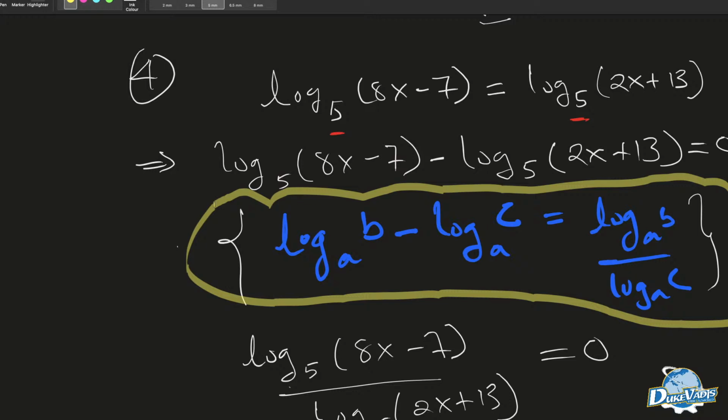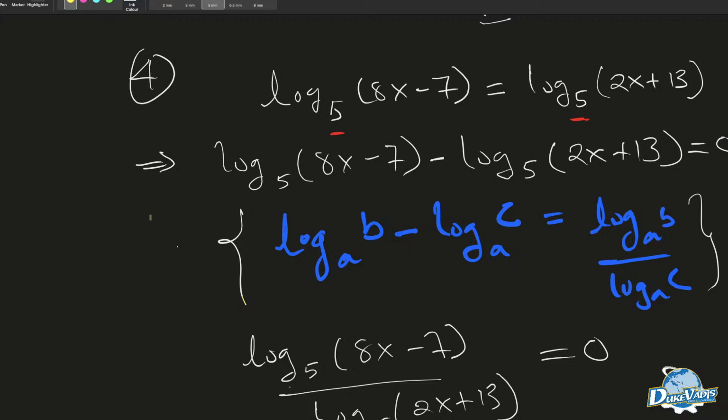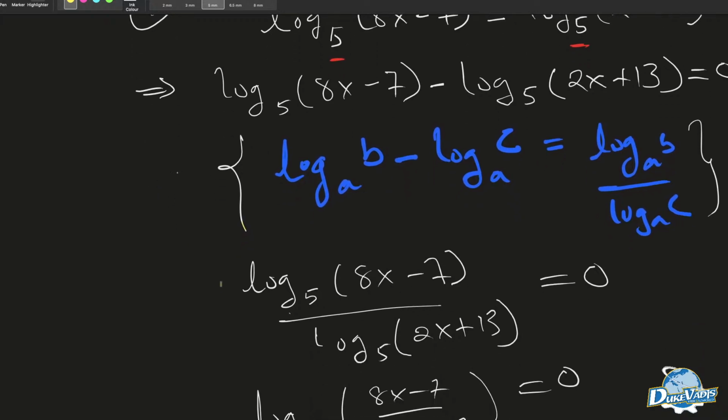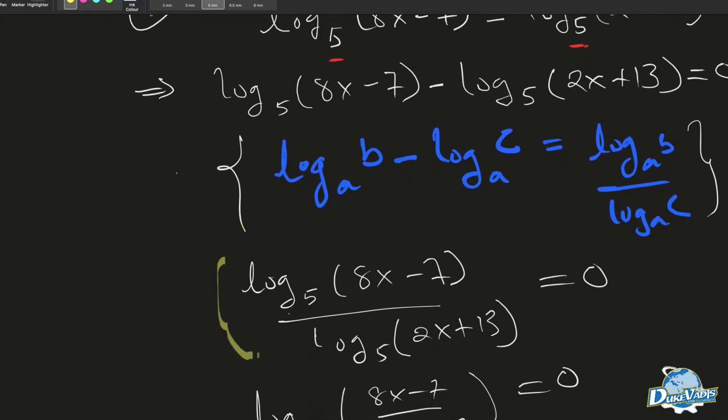So it's log to the base a of b minus log to the base a of c. So on the right hand side it becomes log to the base a of b divided by c. Applying the same to our equation, this is how the equation becomes.